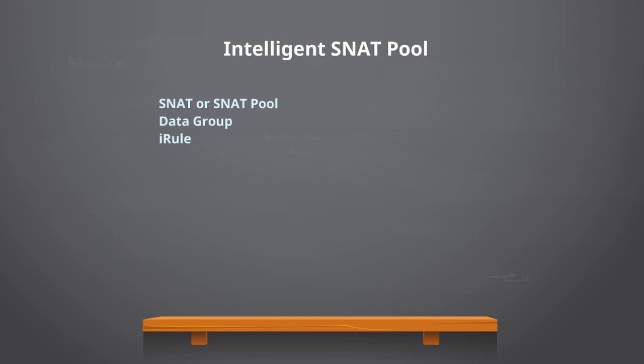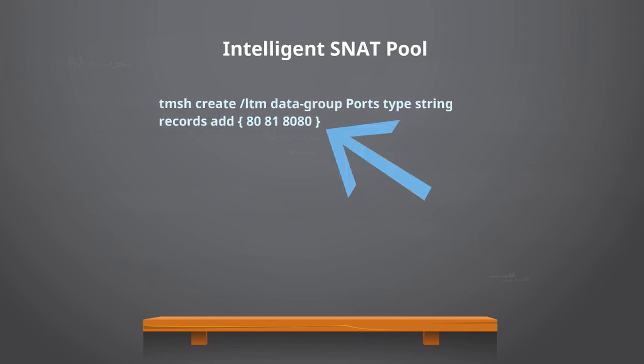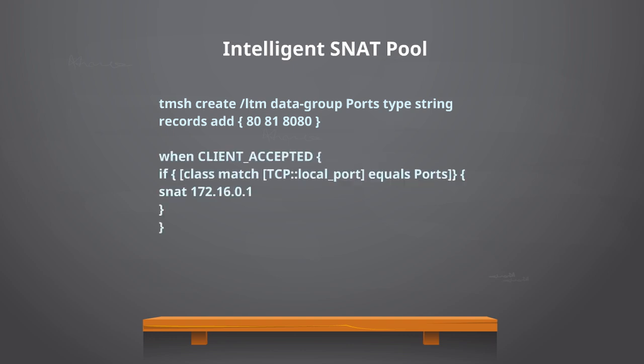So if you look at my screen, you can see the config basically for creating a data group on the LTM device with the ports 80, 81 and 8080, which is defined within the curly brace brackets.